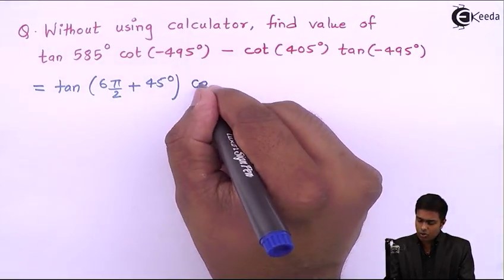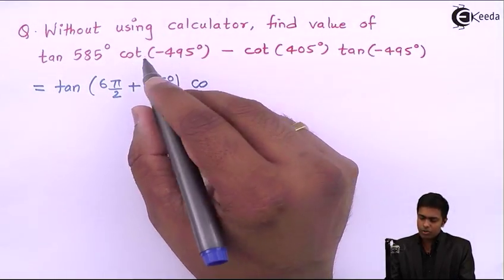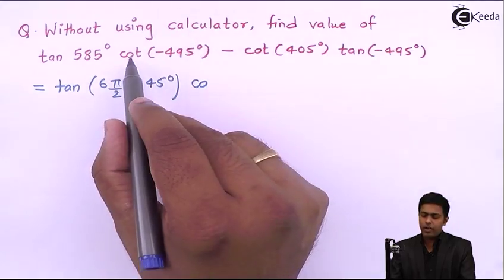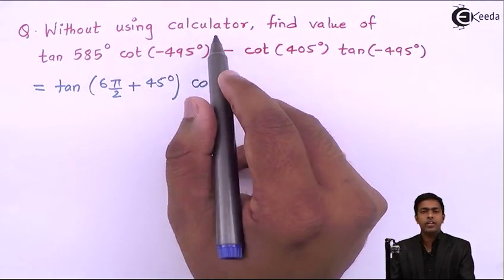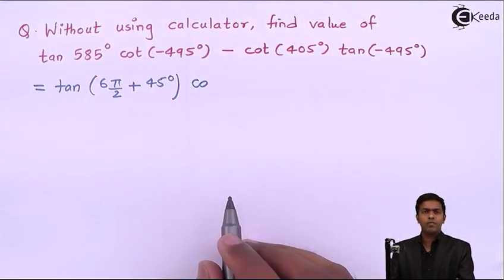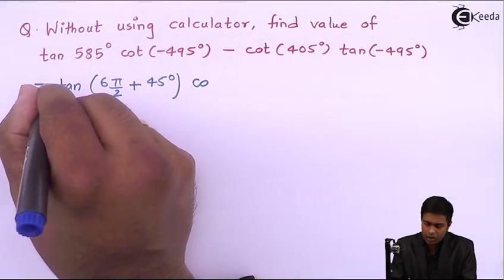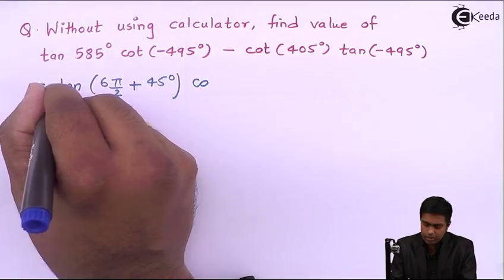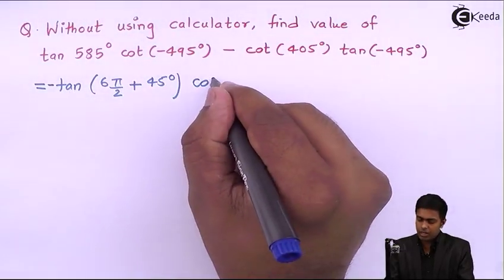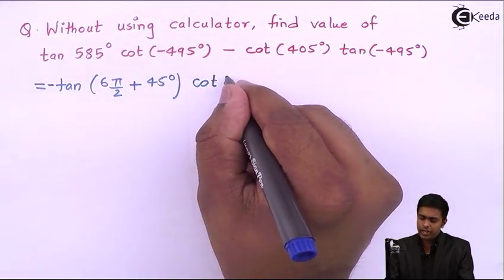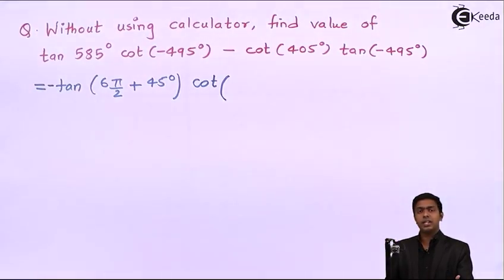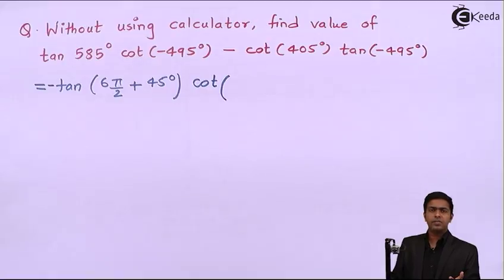Next is cot. Here we have cot of minus 495 degree, and we know that cot of minus theta is minus cot theta. So I will take negative sign outside, and this will become cot of 495 degree. Now let's represent this 495 degree in multiple of 90 degree.